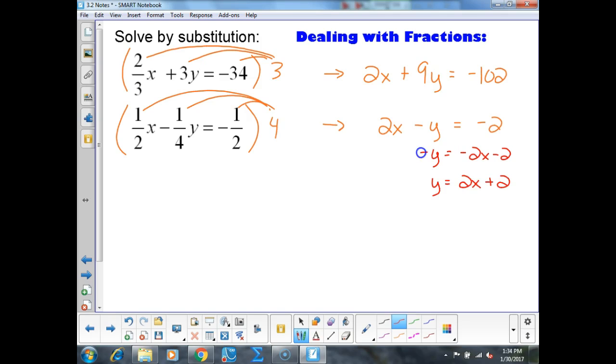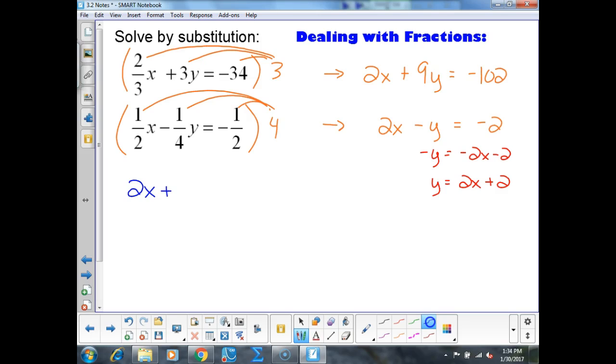So I would solve the bottom equation for y, and I would get 2x plus 2 is equal to y. Then I'm going to take that, and I'm going to plug that in for y into the other equation.